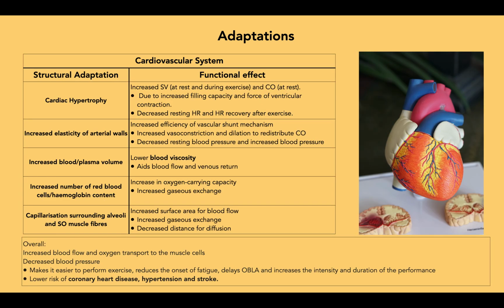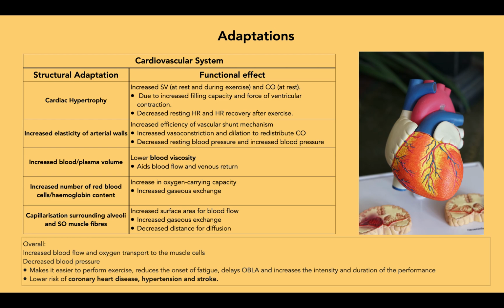We have the cardiovascular system, and we see we have a lot of structural adaptations here, and therefore a lot of functional effects. We'll look there at the first bold word. This came up in AS, and that is blood viscosity. Basically, it's the thickness and the stickiness of your blood.